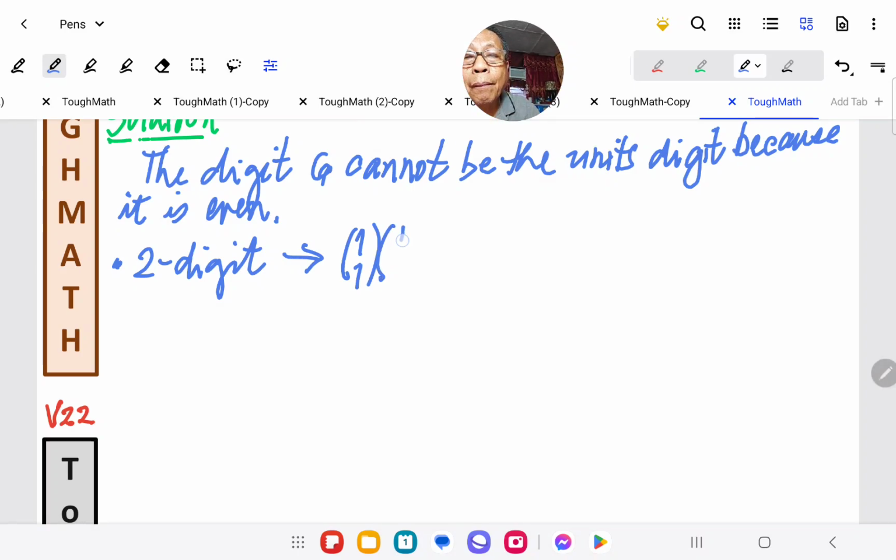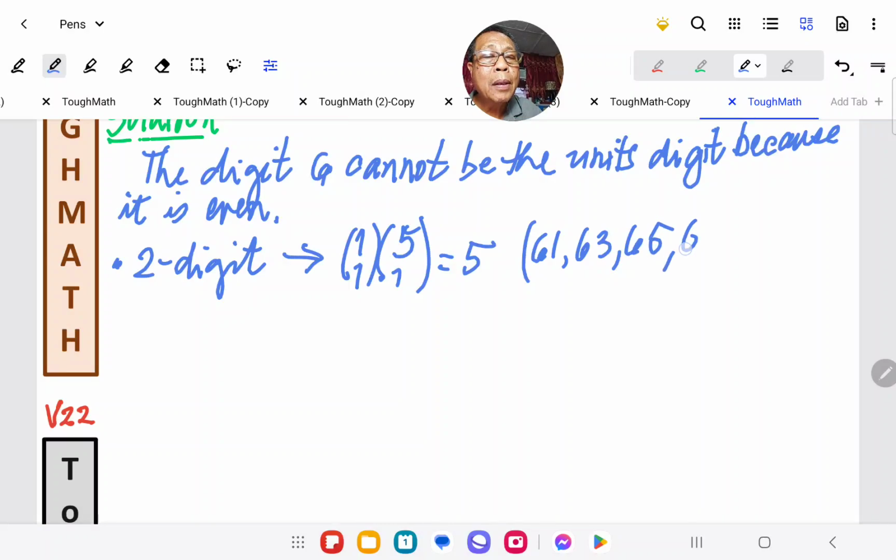And we have 5 choices for the units digit. So this is 5, and since there are only a few of them, we can enumerate them. They are 61, 63, 65, 67, and 69. Okay, so there are only 5, so it's easy to enumerate all of them.